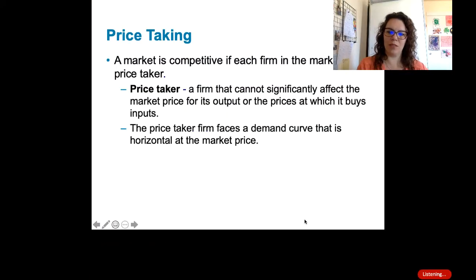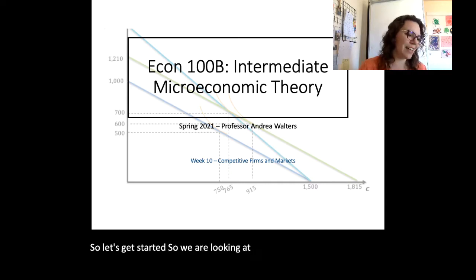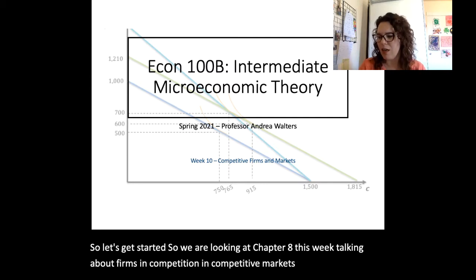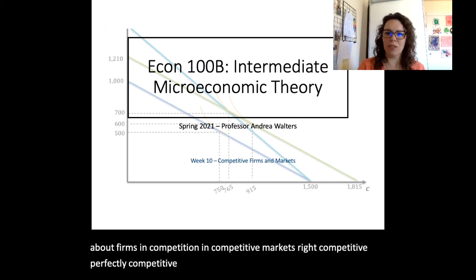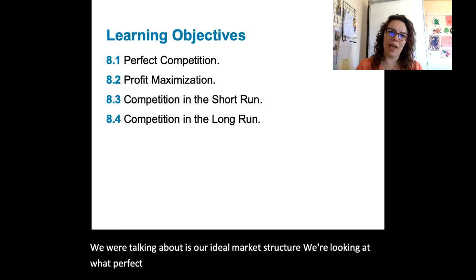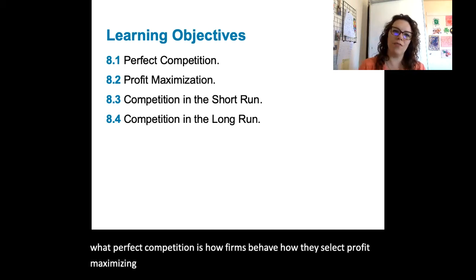Okay. Let's get started. So we are looking at Chapter 8 this week, talking about firms in competitive markets, perfectly competitive markets, right? And so really what we're talking about is our ideal market structure. We're looking at what perfect competition is, how firms behave, how they select profit maximizing quantities, and how they behave in the short run in competitive markets and in the long run.